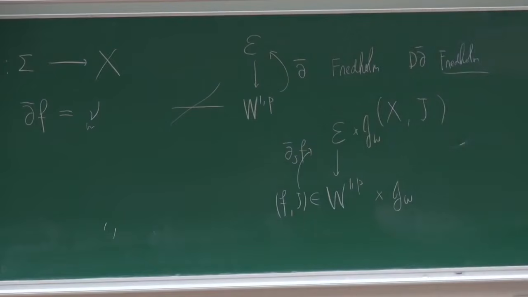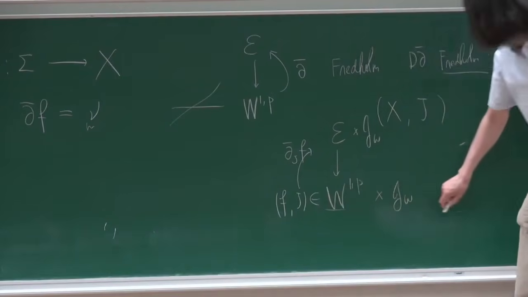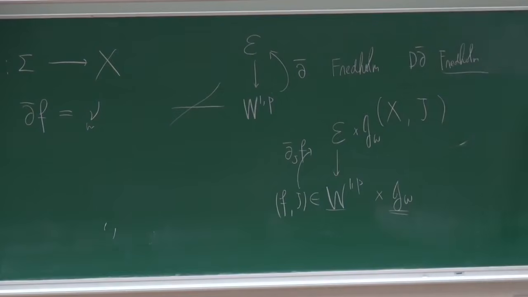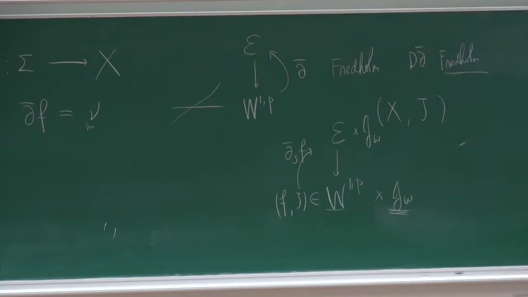There is one issue, because this one is a Banach space. If I stick to C infinity almost complex structures, because C infinity is good to get regularity and so on, then the space of C infinity almost complex structures is not really a Banach manifold.